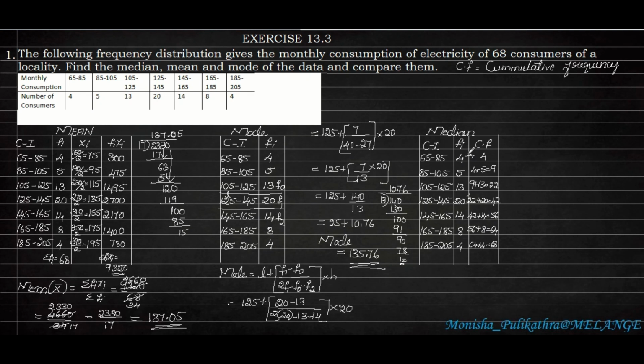The first Fi number, the frequency in the first row, we write as it is. Later we add it one by one to the next frequency. Okay, 4 plus 5 is 9, 9 plus 13 is 22, 22 plus 20 is 42, 42 plus 14 is 56, 56 plus 8 is 64, and 64 plus 4 is 68.